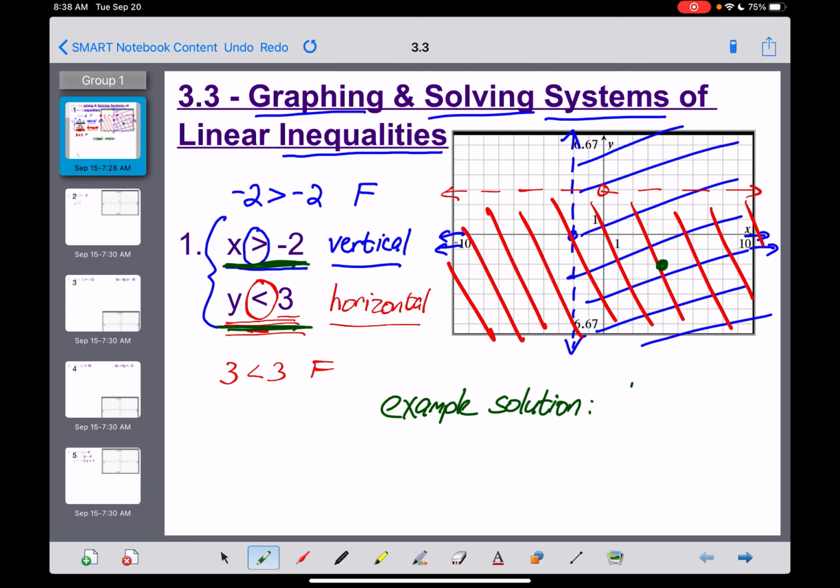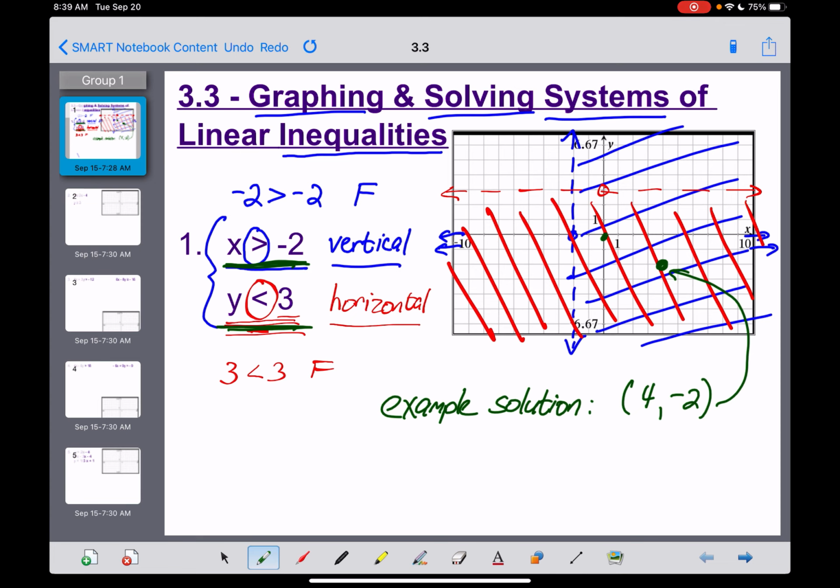Starting from my origin right here, the ordered pair is 4 units to the right, and then it looks like 2 units down. So the ordered pair (4, -2) is in the double shaded region. That should be an example of one point that satisfies both of the original two statements.